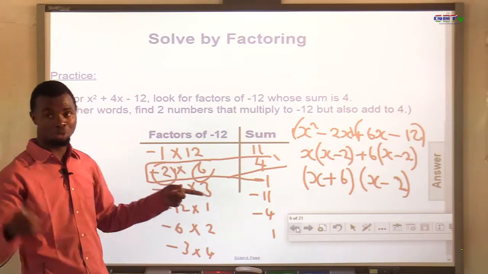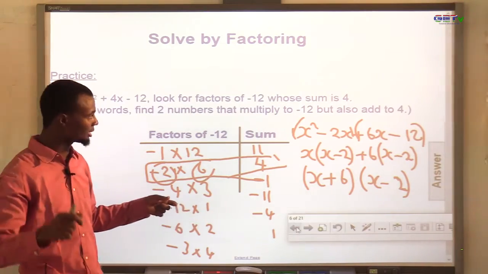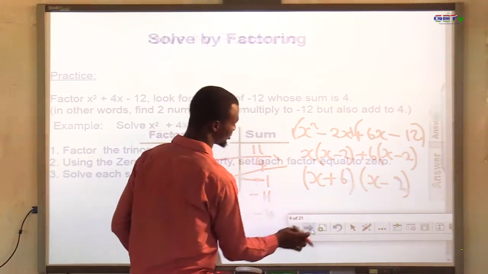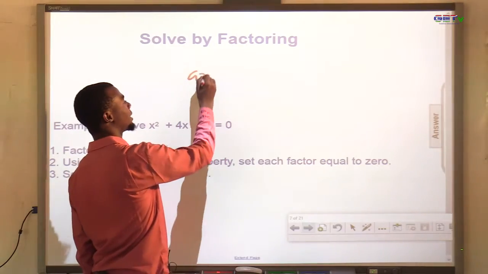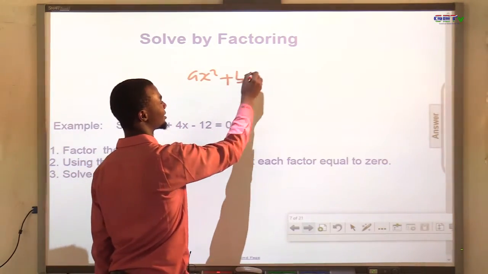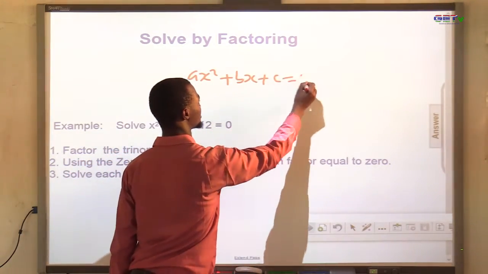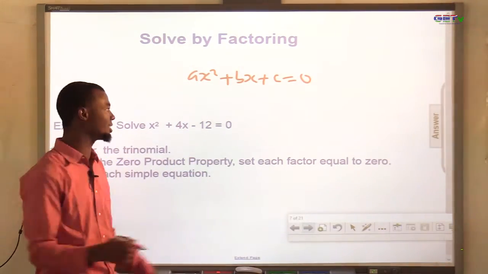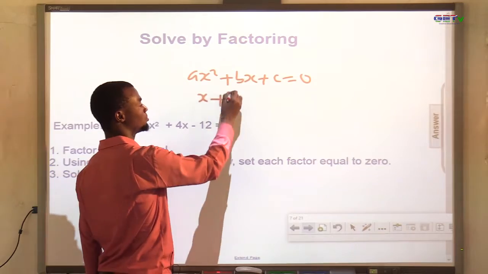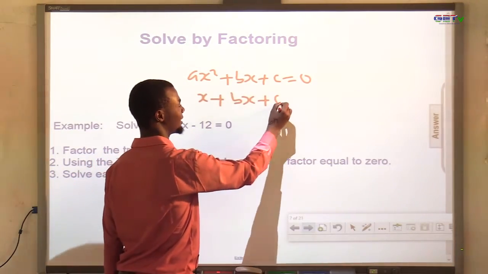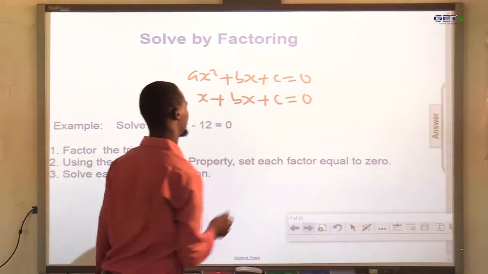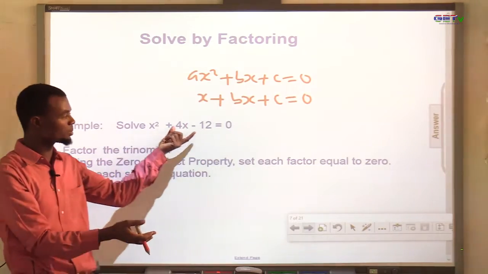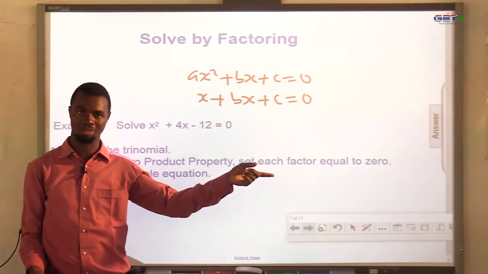If you go to the first slides, the one we started with is in the form ax squared plus bx plus c is equal to 0. The one we just finished dealing with is in the form x squared plus bx plus c. This is now equal to 0.